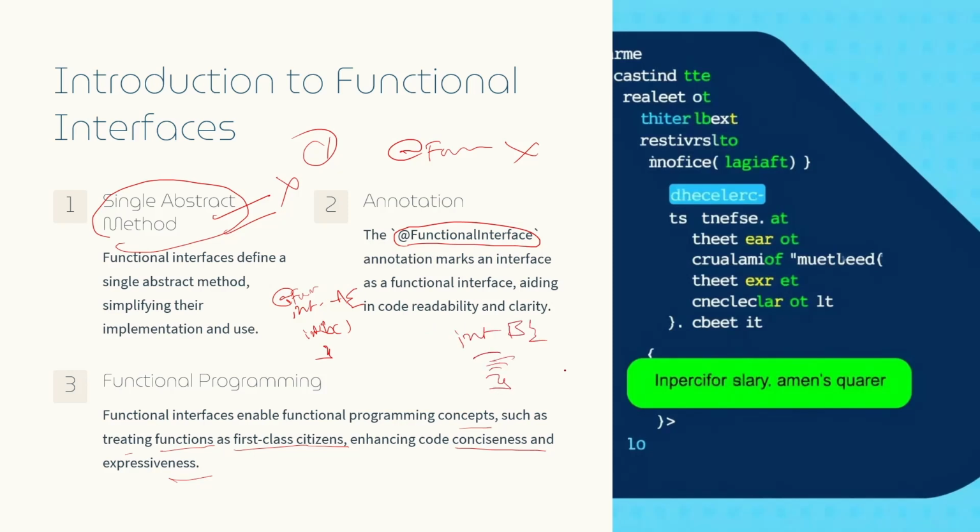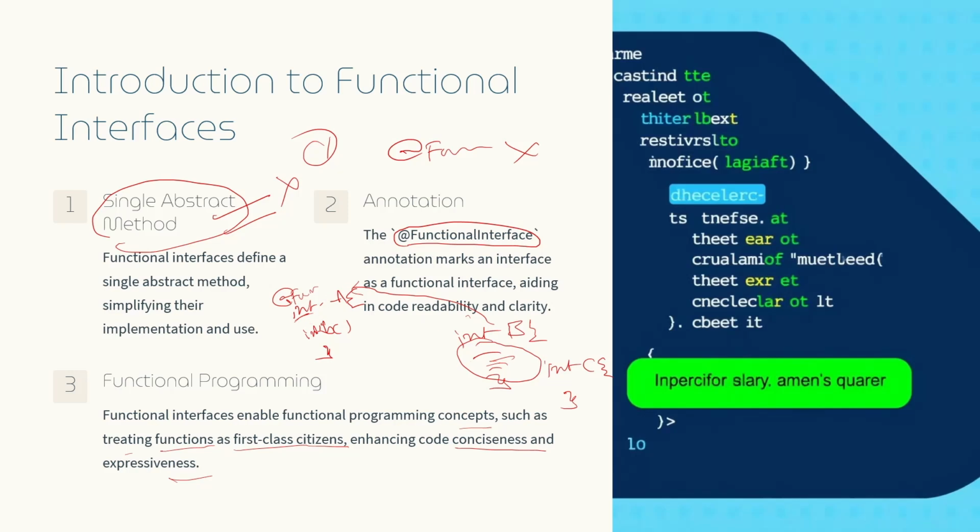I have another interface C, it has no methods. If I want to extend this interface into my functional interface, is it still a functional interface, yes or no? Why? It contains methods.